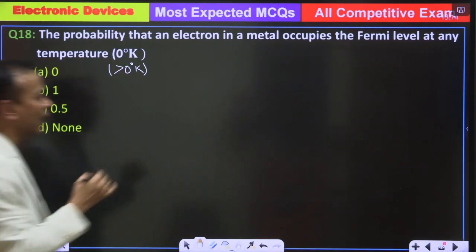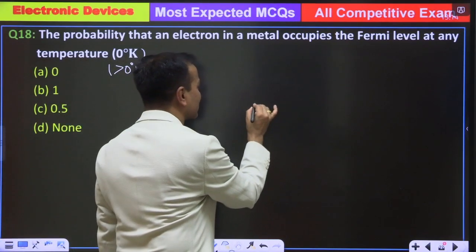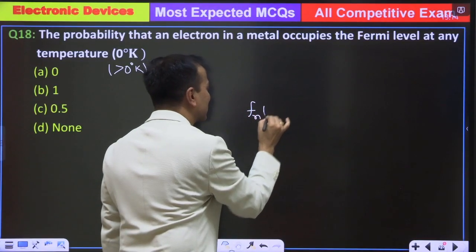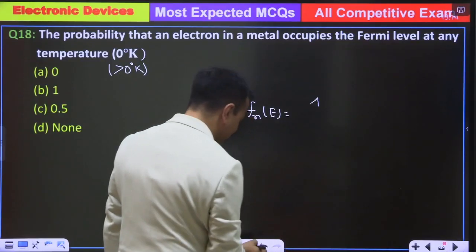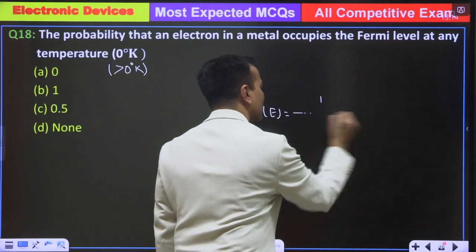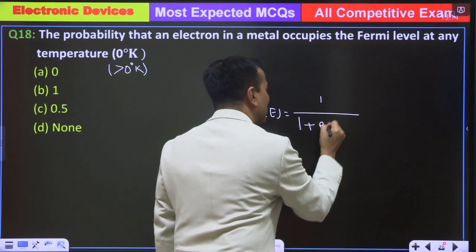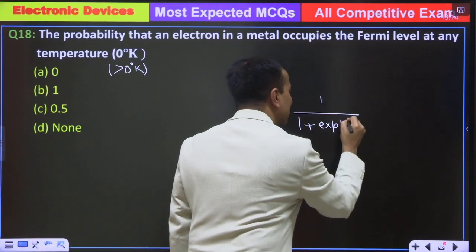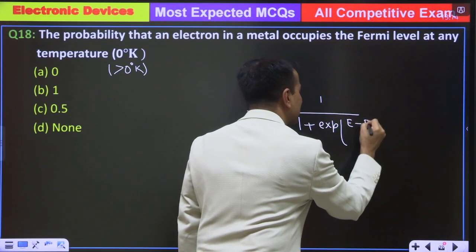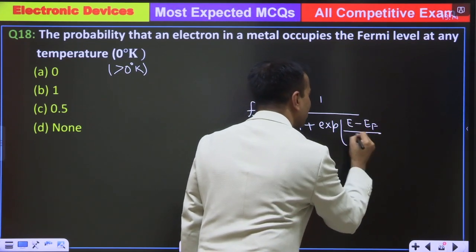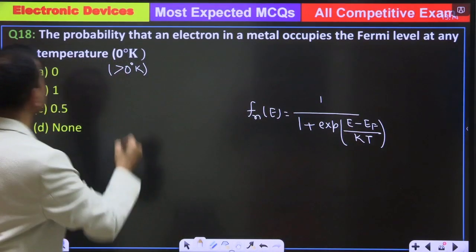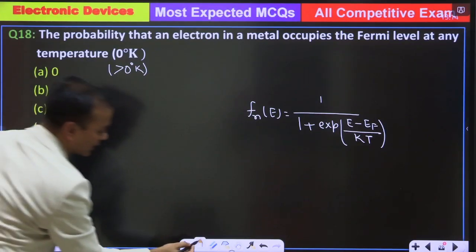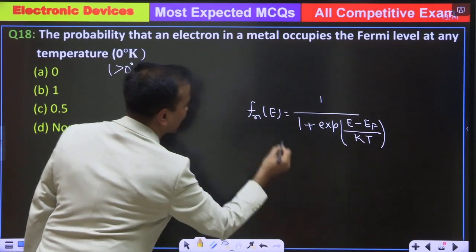So here, as per the Fermi-Dirac function, the function is given as F(E) is equal to 1 by 1 plus exponential of (E minus Ef) divided by kT. So what did they ask?